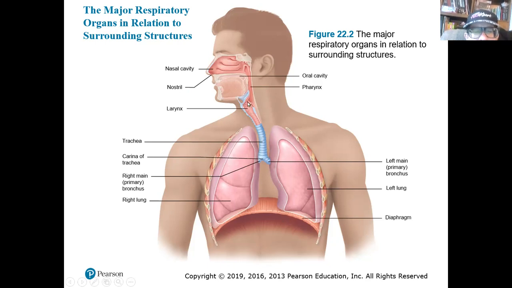so the voice box area up here, the switching station, decides what goes where. That's all the larynx. And coming down through the trachea, the human trachea has C-shaped rings of cartilage down it.